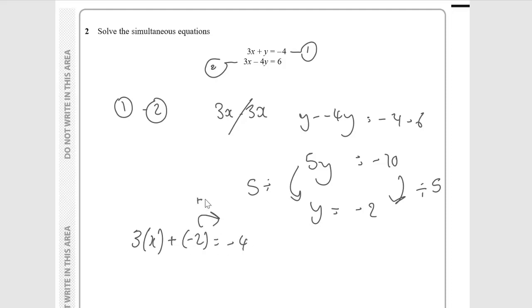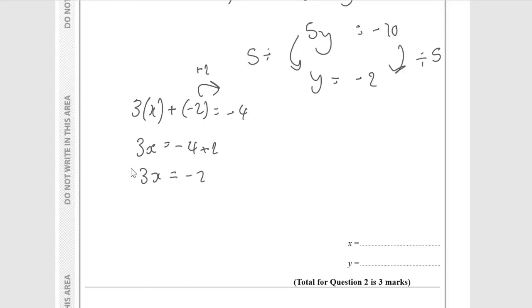Take that to the other side, becomes a plus 2. 3x equals minus 4 plus 2. 3x equals minus 2. Divide by 3 on both sides. So we get x equals minus 2 over 3, and y equals minus 2.